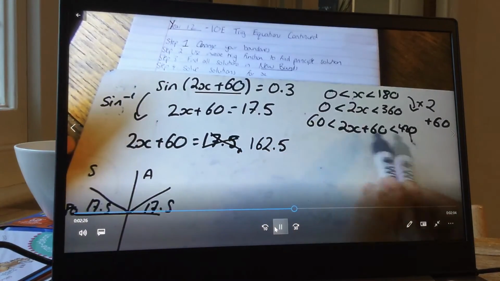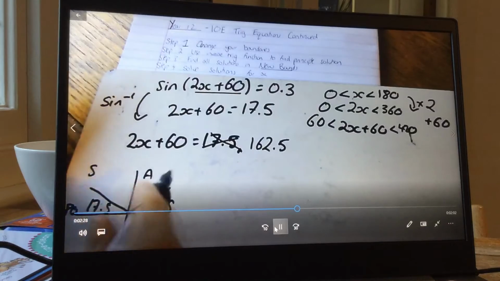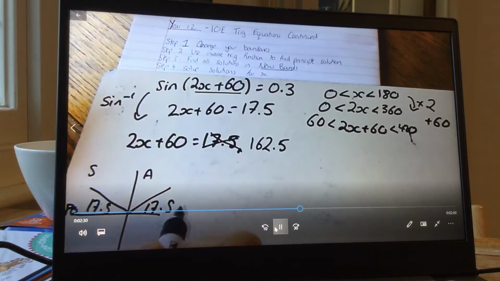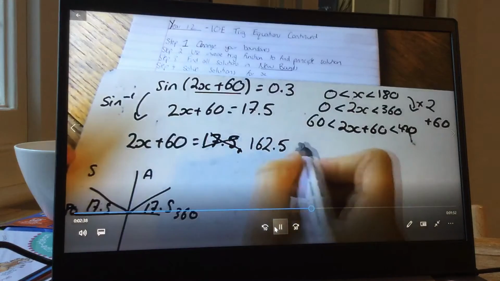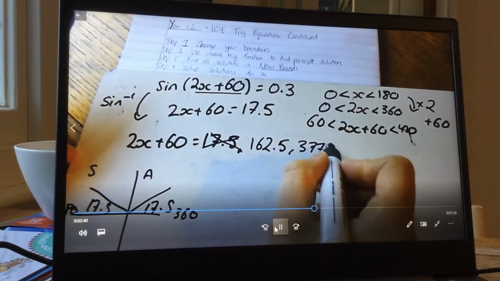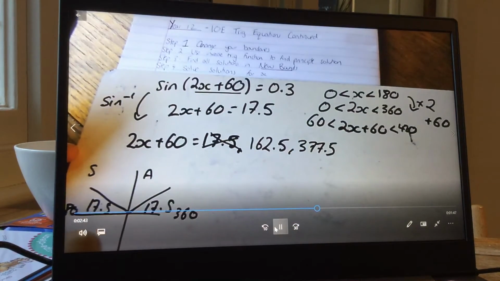That is in my bounds for 2x plus 60. And then my next solution, one lap round would be 360. So this one is 360 plus 17.5, which is 377.5. This next value over here would be 540, and I can see that 17 away from that is going to put me past the 420. So those are my only two solutions.